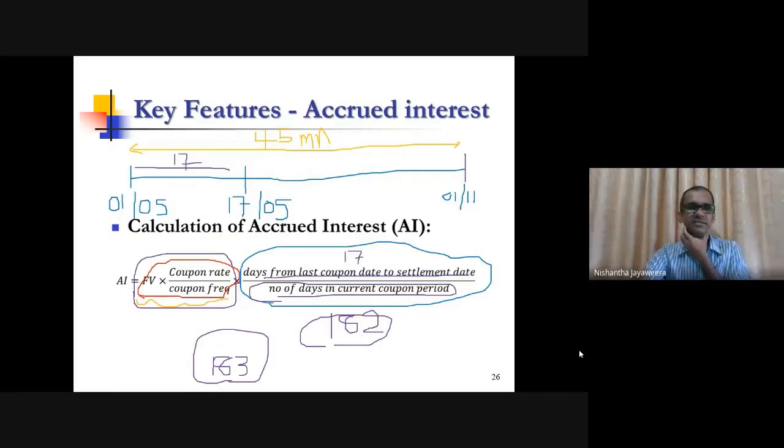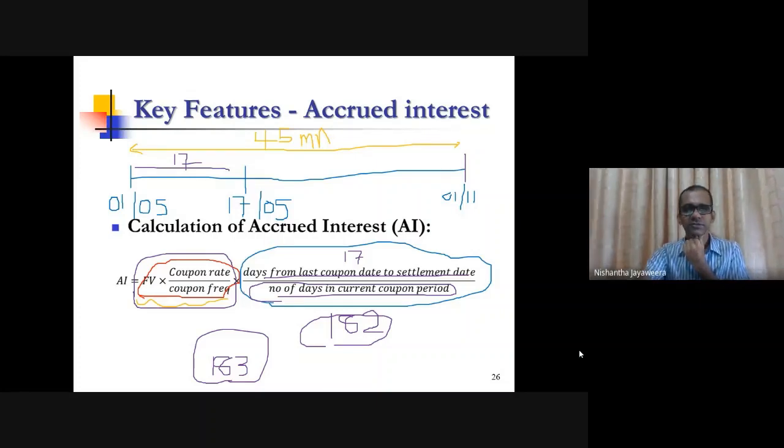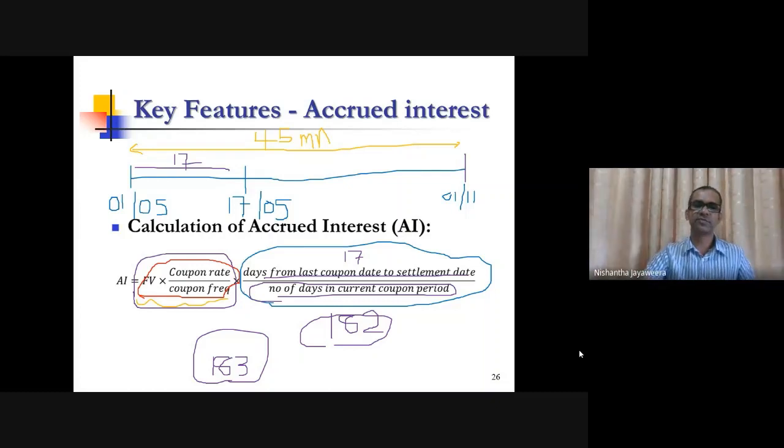That's the interest accrued on a bond from the last coupon date to the current settlement date, when the current settlement date falls before a coupon date.